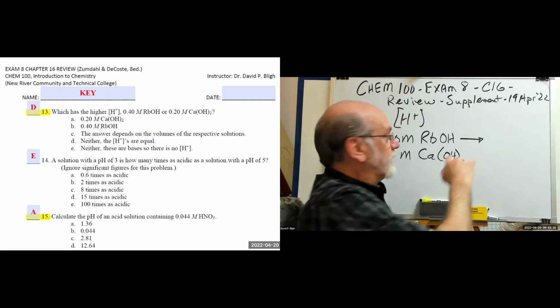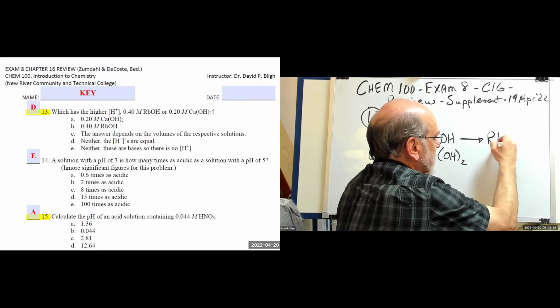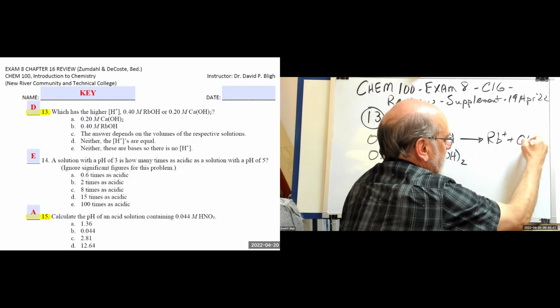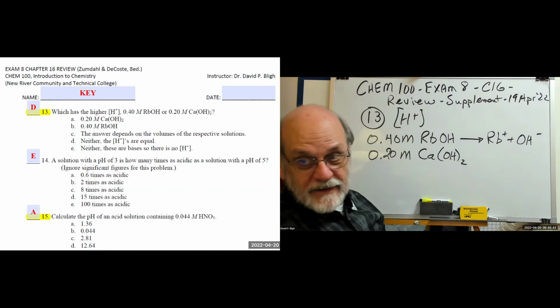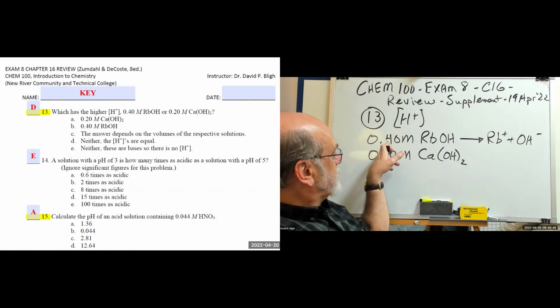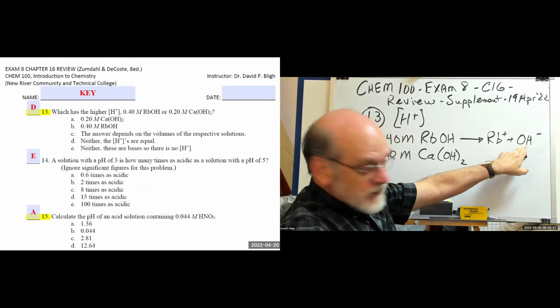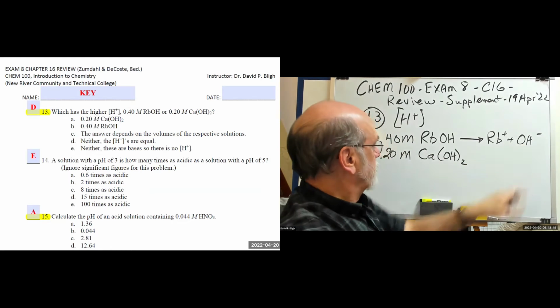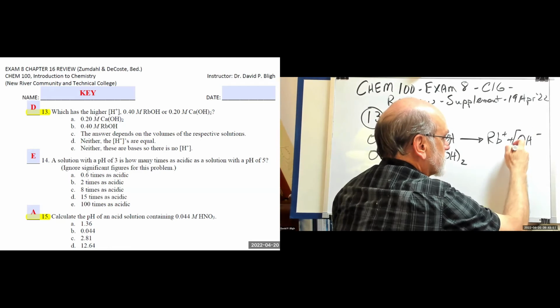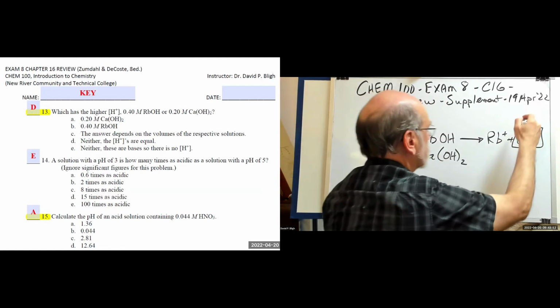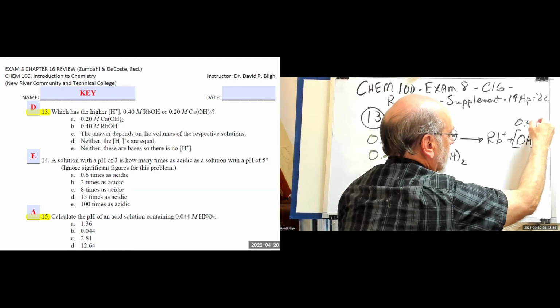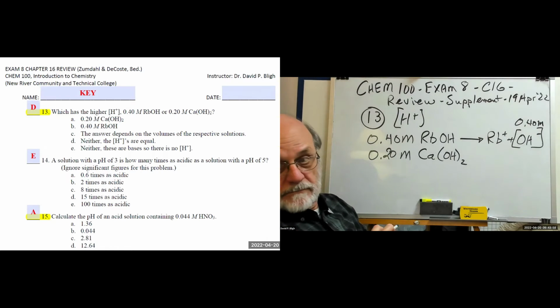It goes all the way to rubidium and hydroxide. Okay, so that means that this concentration is the same for that one. So this concentration is going to be 0.4 molar.